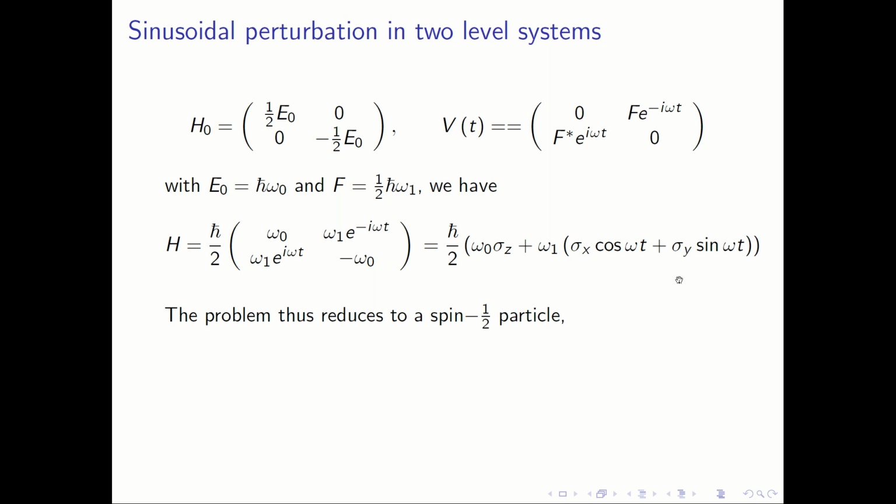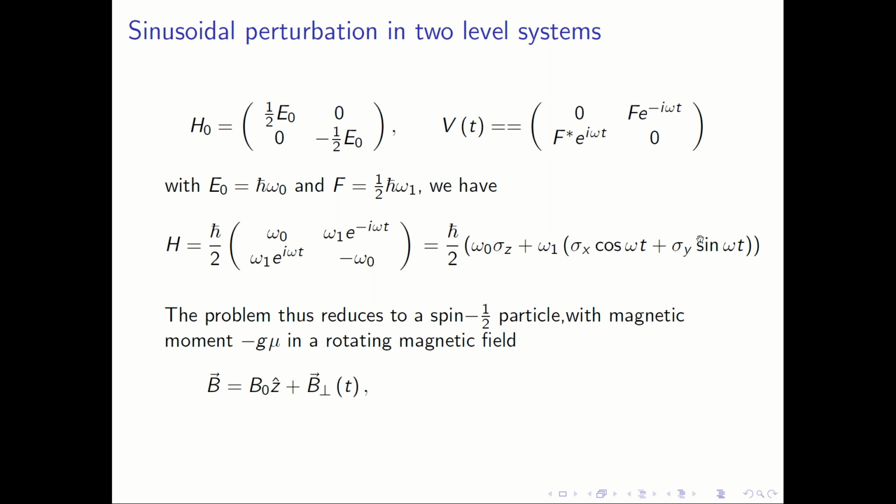So this is essentially the problem of a spin half particle in a rotating magnetic field. The spin half particle is assumed to have a magnetic moment of minus g mu, and if you put it in a rotating magnetic field which is given by a fixed component in the z direction and a rotating component in the xy direction. So it's a vector which is going round and round the z axis, with b perpendicular given by this b1 cos omega t and b1 sin omega t factor.